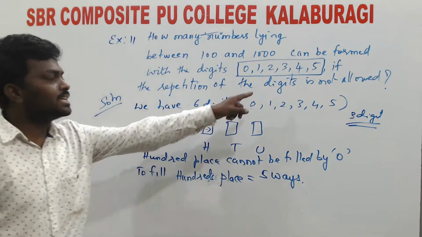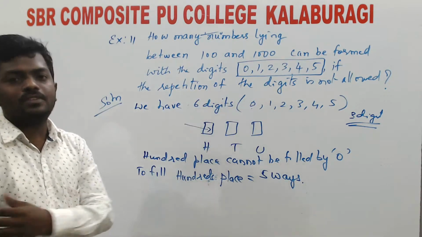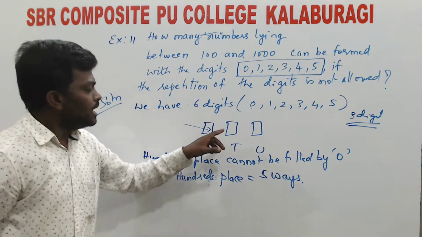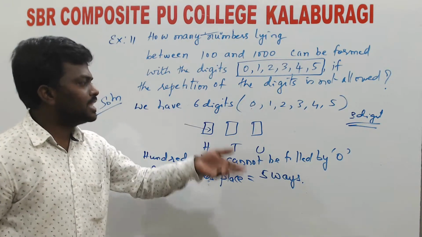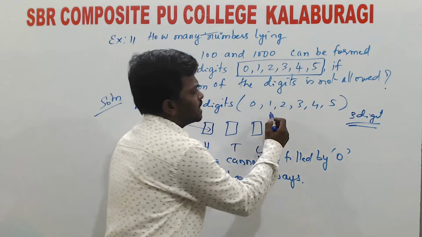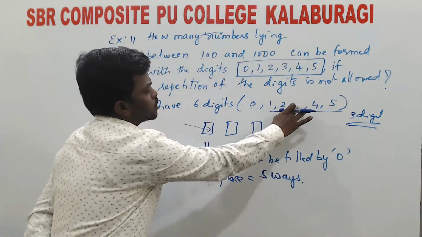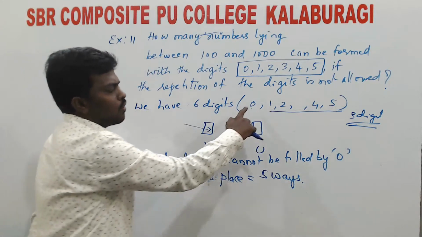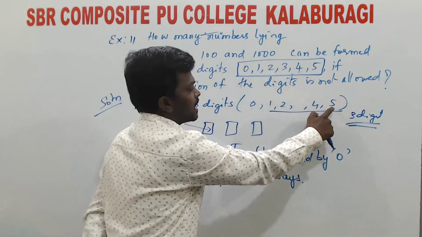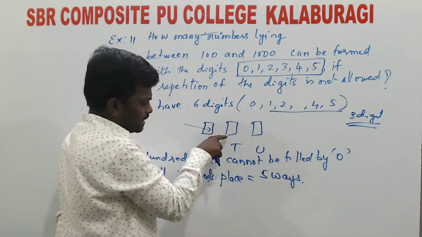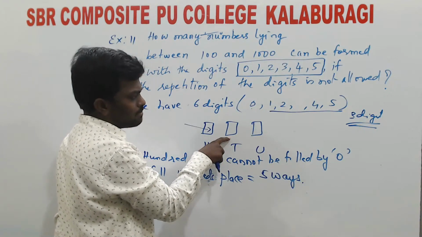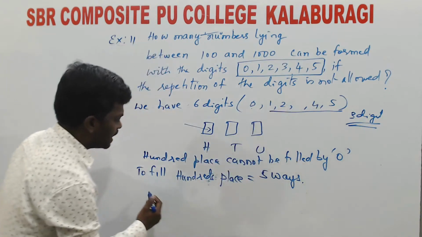Repetition of digits is not allowed, so you cannot repeat the digits. Let me suppose one digit is being used here. How many are we left with now? 1, 2, 3, 4, 5, and again here you can take 0. It doesn't matter, so we are having 5 now.